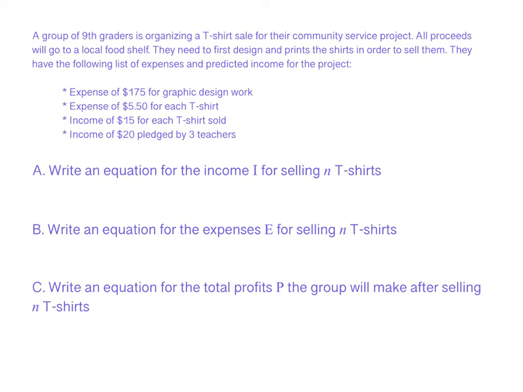So the first thing that I want to do is write an equation for the income. Okay, so this one's kind of nice because it labels it income, right? So we said that they're going to charge $15 for each t-shirt, and it looks like we're representing the number of t-shirts as n. So I'm going to multiply 15 by n because of that keyword each. And then we've got $20 given by 3 teachers each.